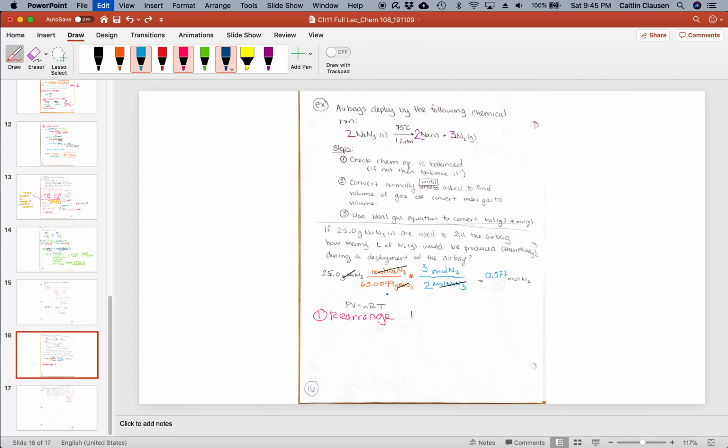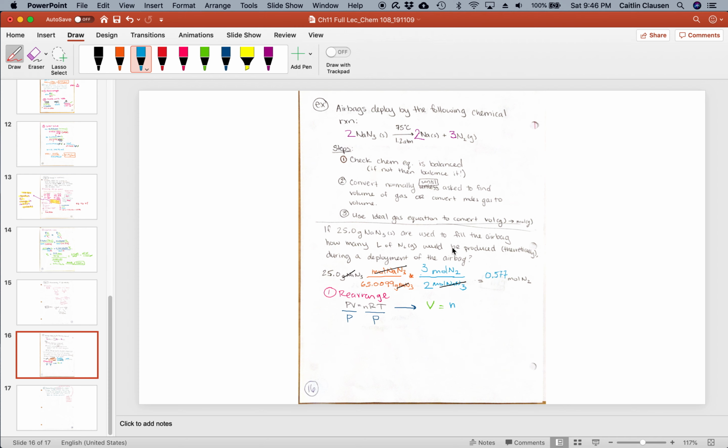So PV, let me do this so I don't take up extra space. We're going to do step 1. Solving for volume, we're going to divide by pressure. That leaves volume by itself and everything else on the other side.